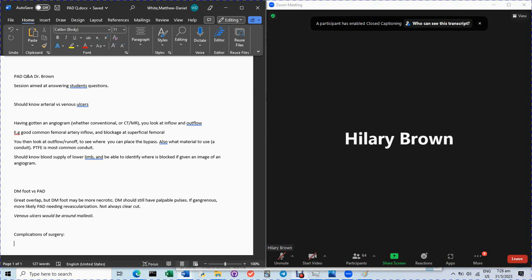At 3 months, it's usually intimal hyperplasia, which, as it speaks for itself, is a reason why patients would get a graft occlusion. And after a year, it's normally recurrent atherosclerotic disease.